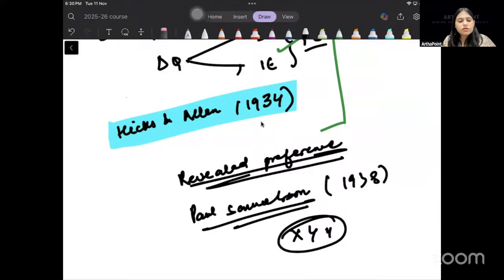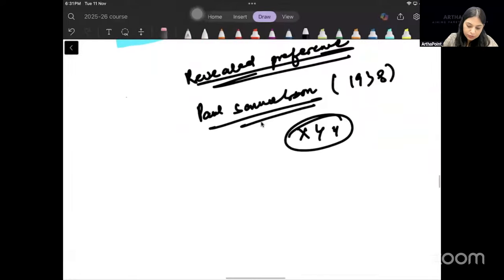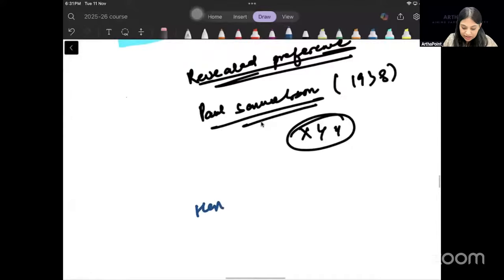There was another economist, rarely you would have seen his name. I'm not sure. Hendrik. Let me write in a better handwriting.